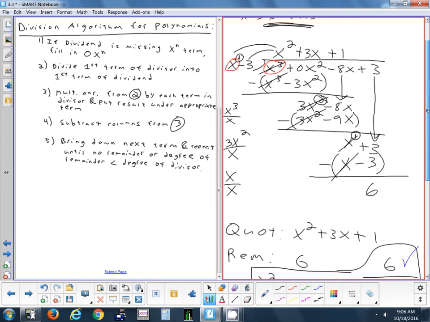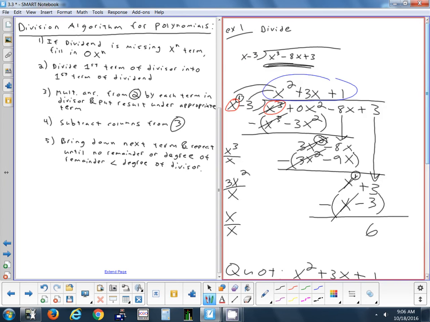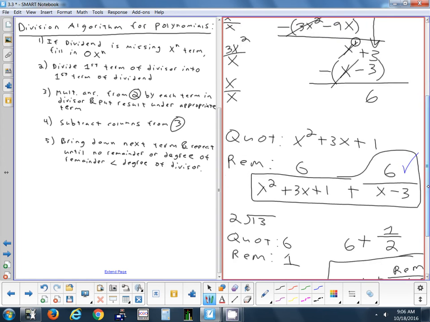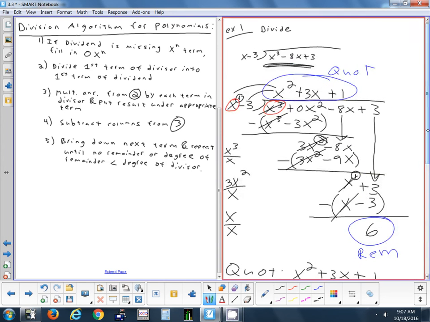So in this case, that's my quotient. The remainder, that's the thing you're left with at the end. So that's your remainder. And your divisor, that's the thing that you were dividing into. That's your divisor.